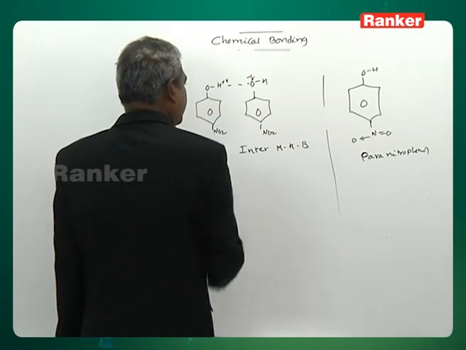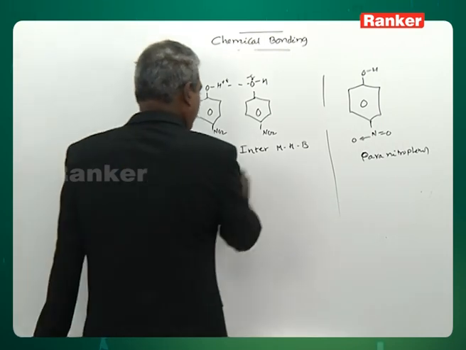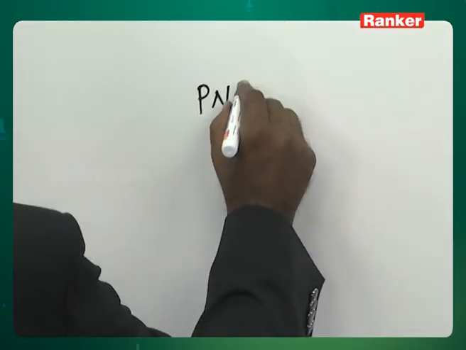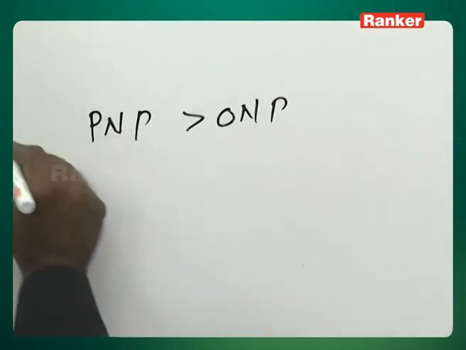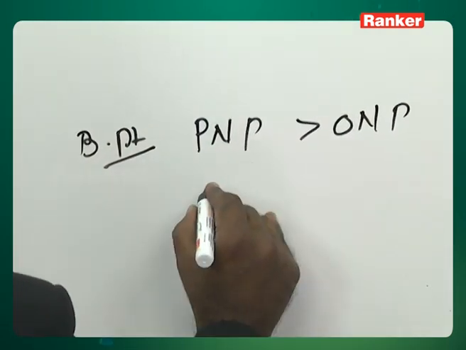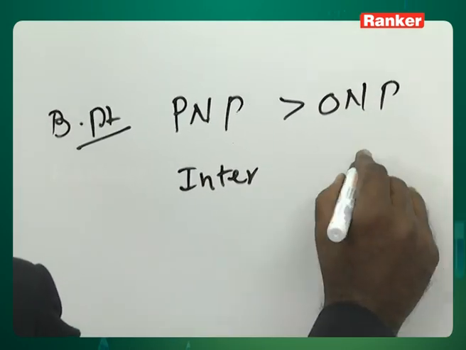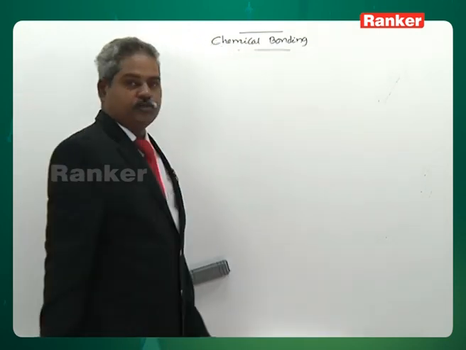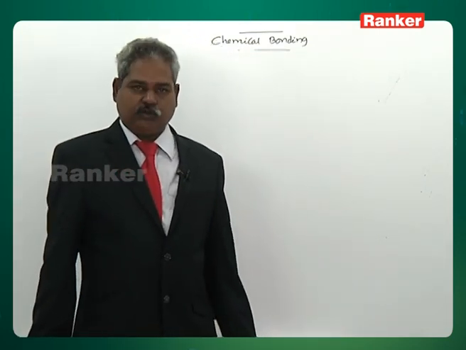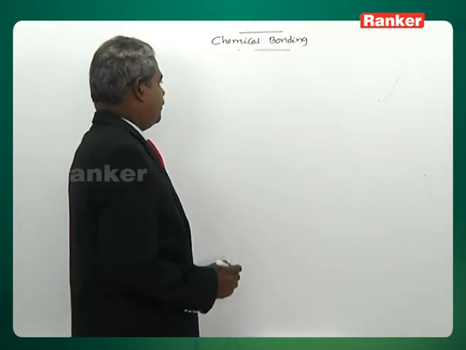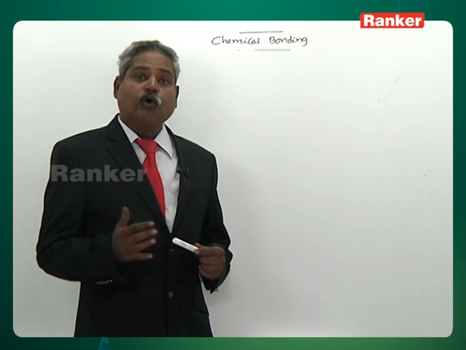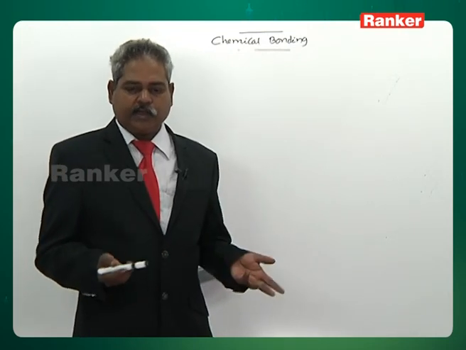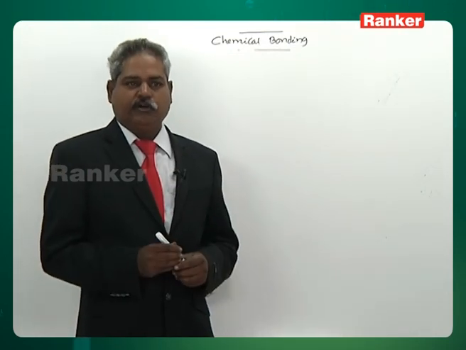Therefore the boiling point of paranitrophenol is greater than that of orthonitrophenol because of intermolecular hydrogen bond. Here whatever you have, it is intra, so whatever is within will not bring any change to the intermolecular forces. And therefore you say orthonitrophenol is volatile. More volatile means boils more easily. Which boils more easily? Where the forces of attraction between molecules are not very high.